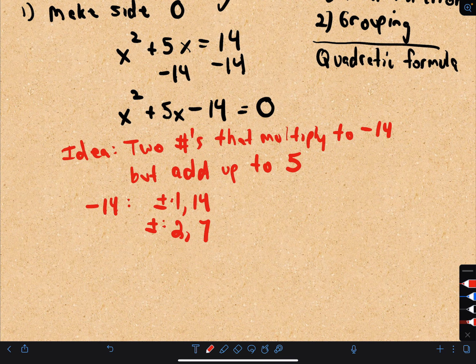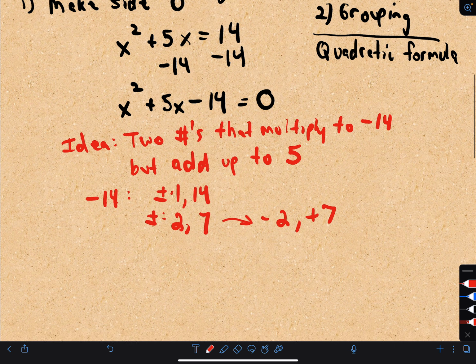It looks like if we use negative 2 and positive 7, those do multiply to negative 14. But notice if we add those, we do get positive 5. Negative 2 plus 7 is going to be positive 5.